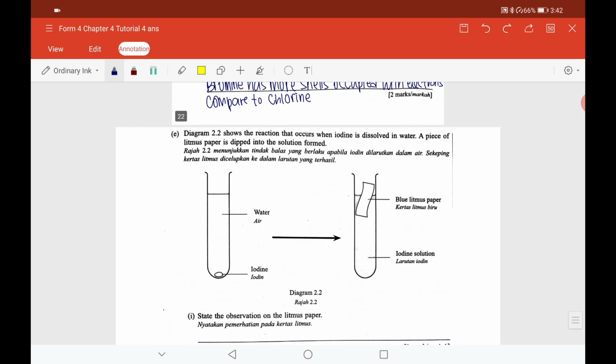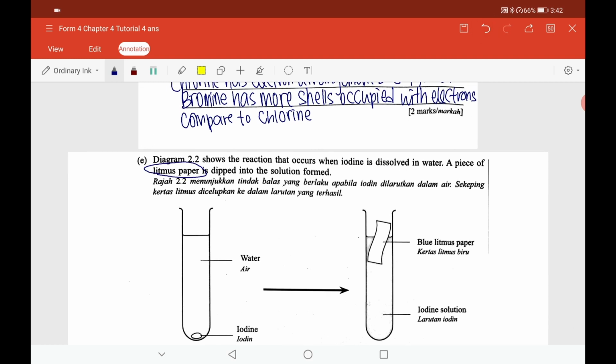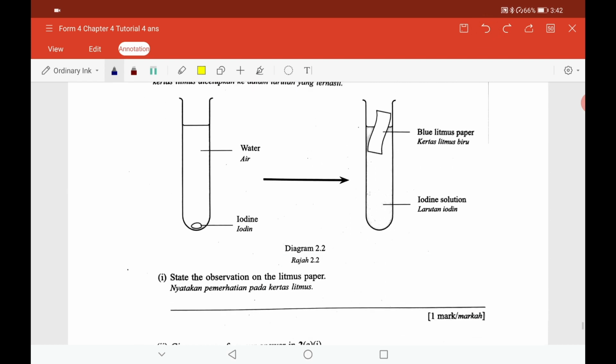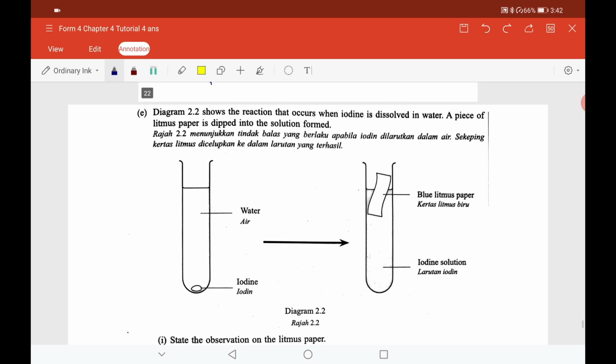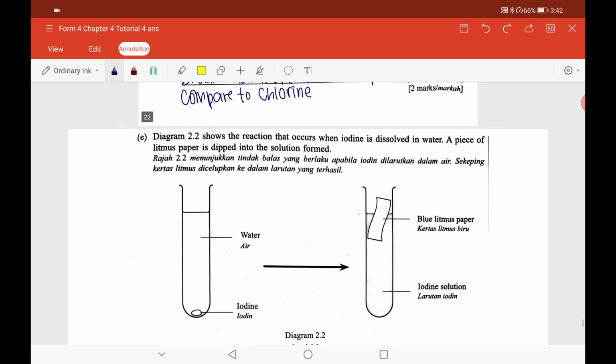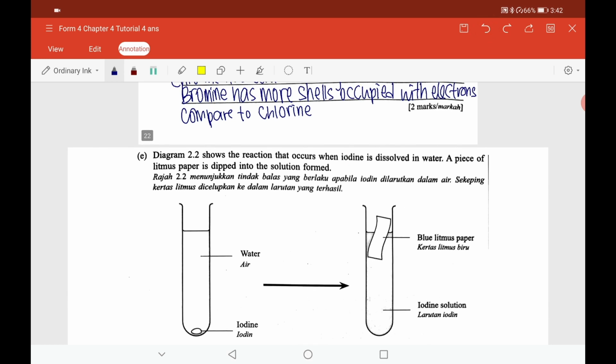Diagram 2.2 shows the reactions when iodine dissolves in water. They put iodine in water and put a piece of litmus paper in the solution, and they ask what the observation on the litmus paper is. This is quite simple. We know iodine is group 17, which is halogen. When you put a halogen in water, it will produce acid.